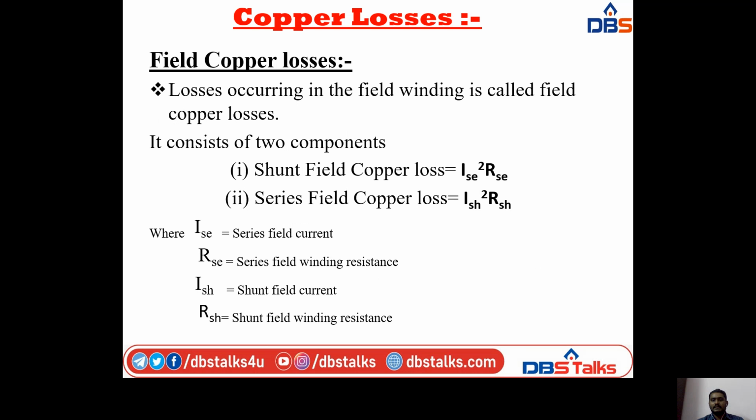Losses occurring in the field winding are called field copper losses. They consist of two components: shunt field copper loss and series field copper loss.